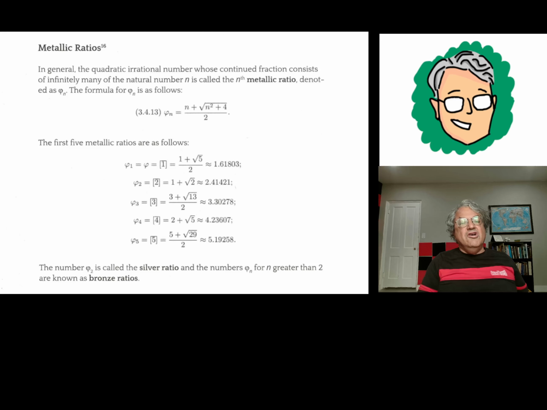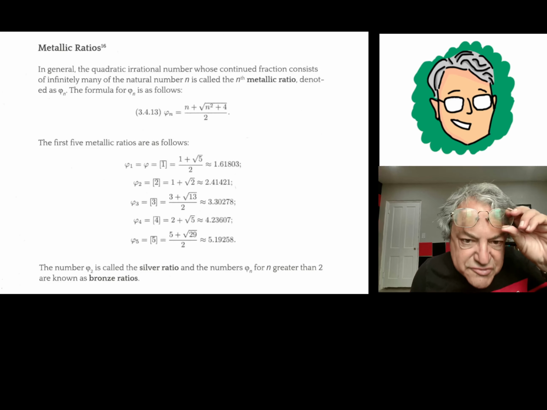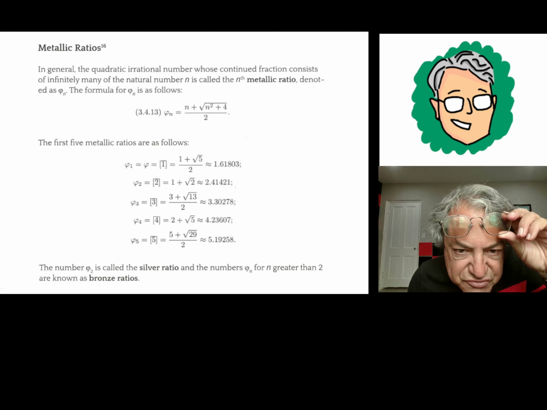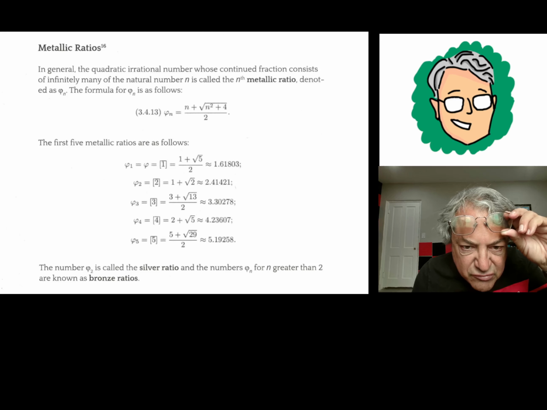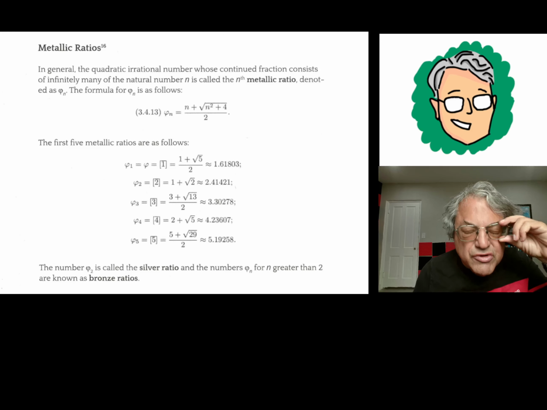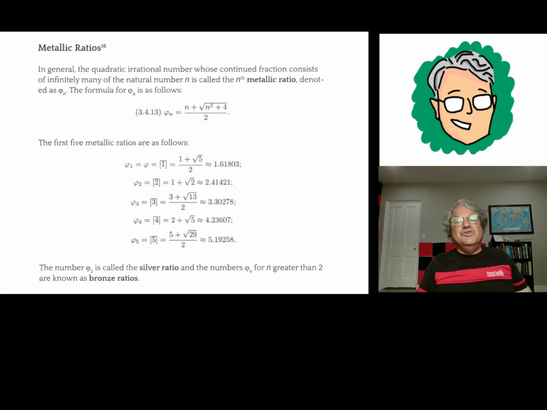and that's approximately 2.41421. And then you can keep going. The bronze ratio is 3 plus square root of 13 over 2. That's approximately 3.30278. Next one, the copper ratio is 2 plus square root of 5. There's an interesting thing about the copper ratio. It turns out to be the cube of the golden ratio.